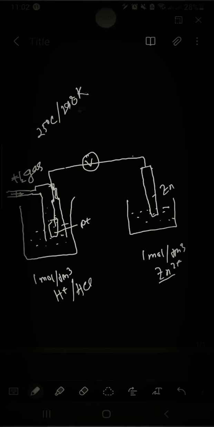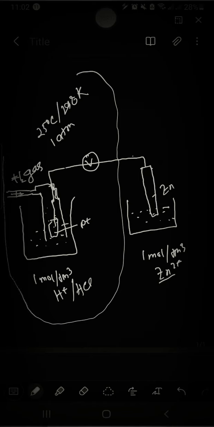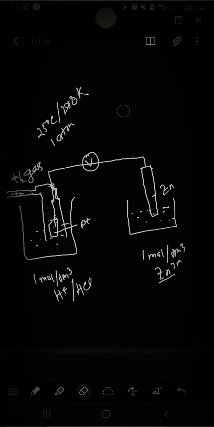And another thing is the pressure of this hydrogen gas should be 1 atmosphere. Remember these conditions; if you apply them, this will constitute a standard hydrogen electrode. Now, why do I need that? Because this will help me to measure the electrode potential of zinc.